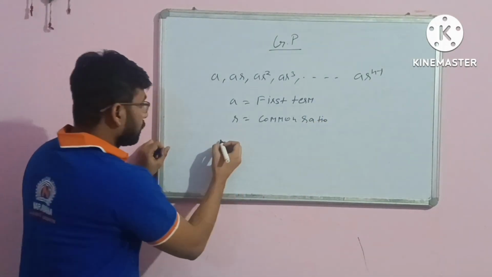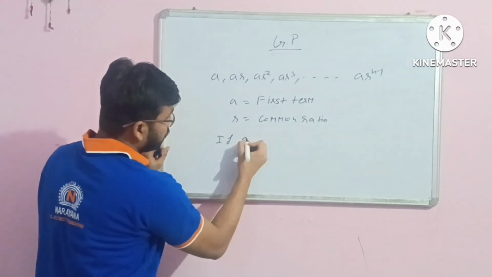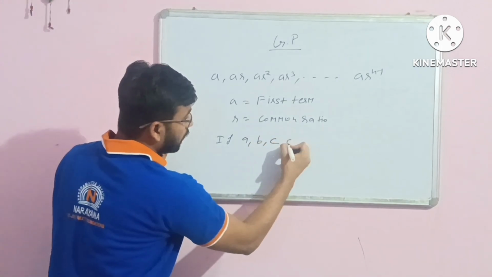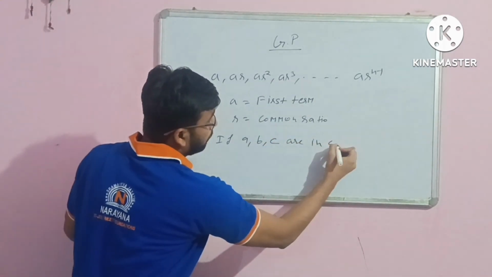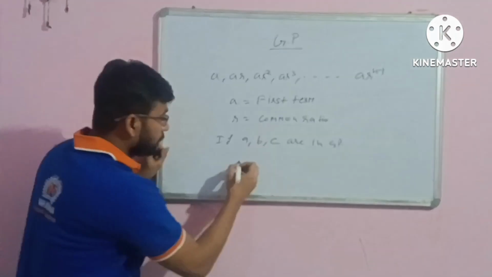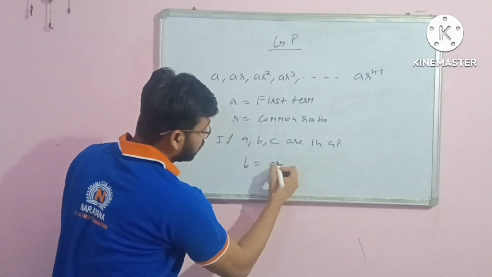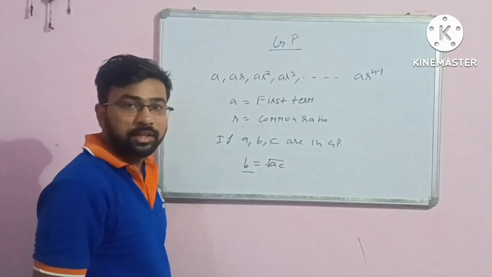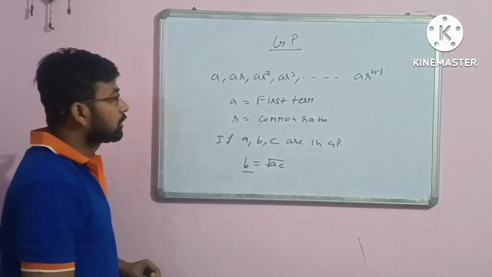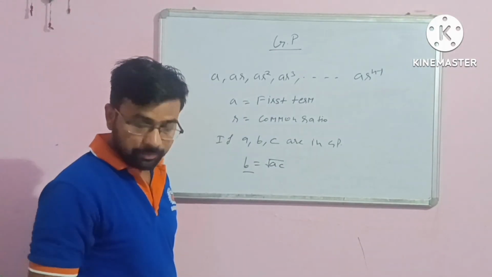For example, if a, b, c are in GP, then we can say that b becomes equal to root ac, and b is here the geometric mean. So these are the basic terms about the GP.